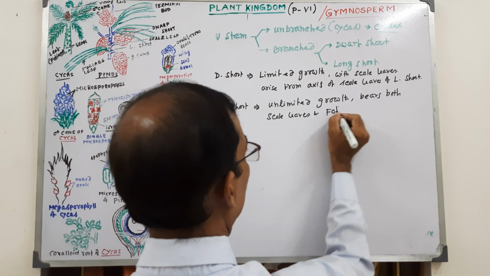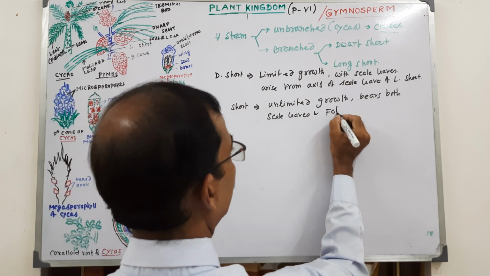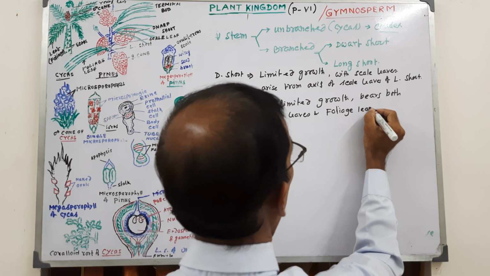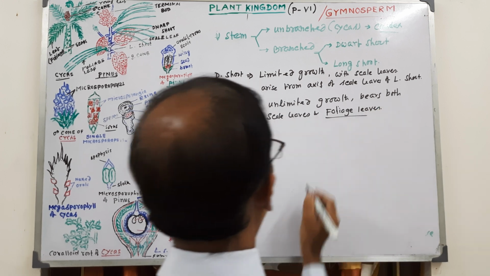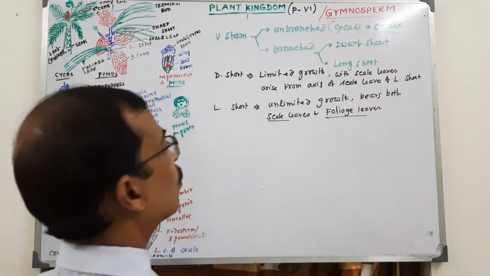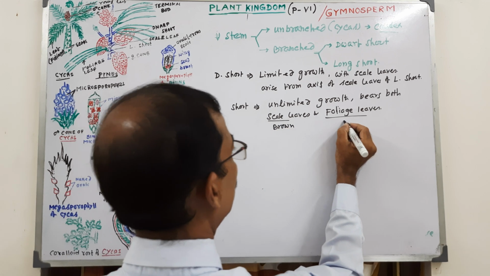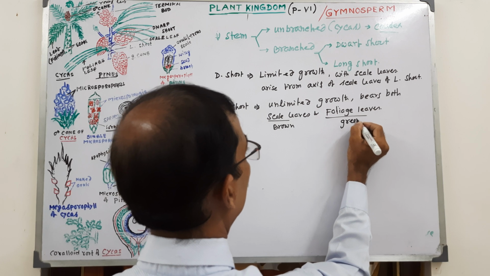This is brown in color, and this is evergreen foliage. Foliage leaves are photosynthetic but scale leaves are non-photosynthetic. This is brown in color, this is green in color.